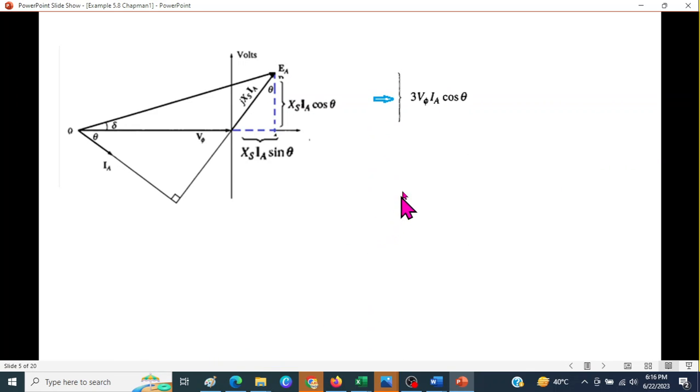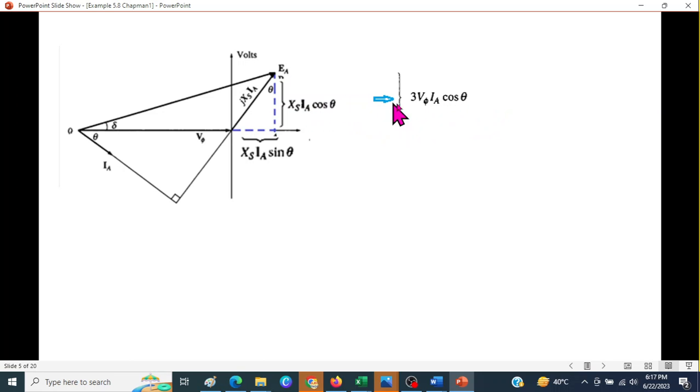And now we want to convert this. This is in terms of voltage, everything, a voltage diagram. We want to convert this diagram into a power diagram because our losses, etc., are in terms of real power or reactive power. So we want to convert this into a power diagram, and this is one of the formulas for power. This is the real power, 3 Vφ Ia cos theta.